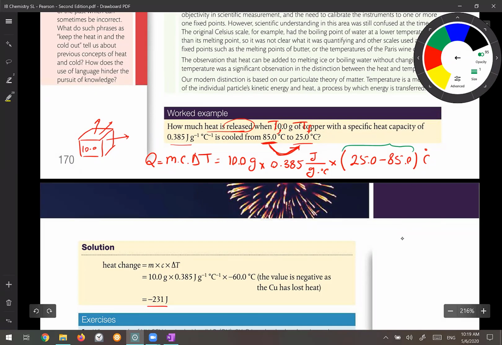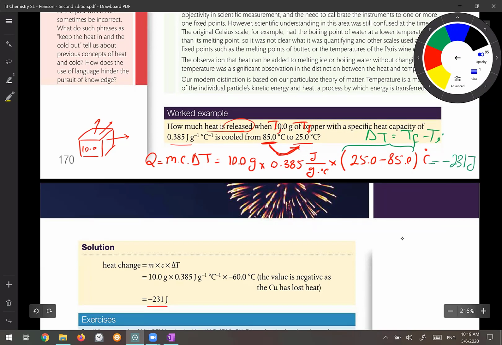The delta T is final temperature minus initial temperature. Because the final temperature is less than the initial temperature, this parenthesis becomes negative, and the overall answer becomes negative 231. And the unit is joule.